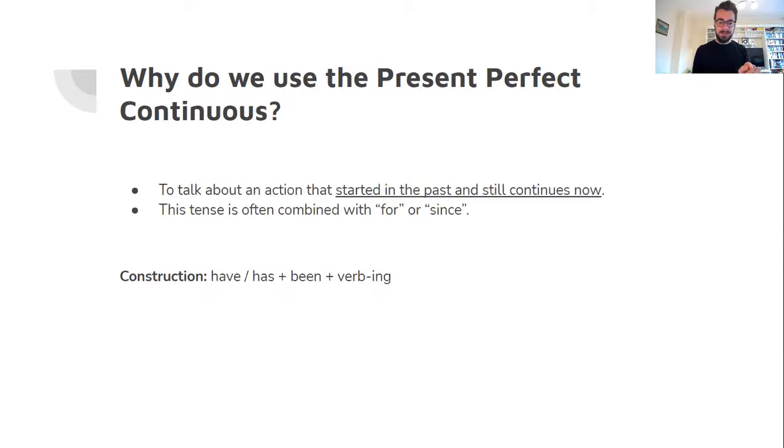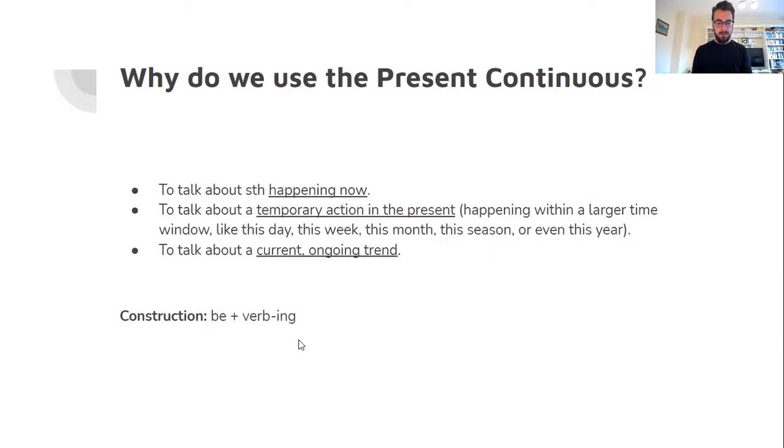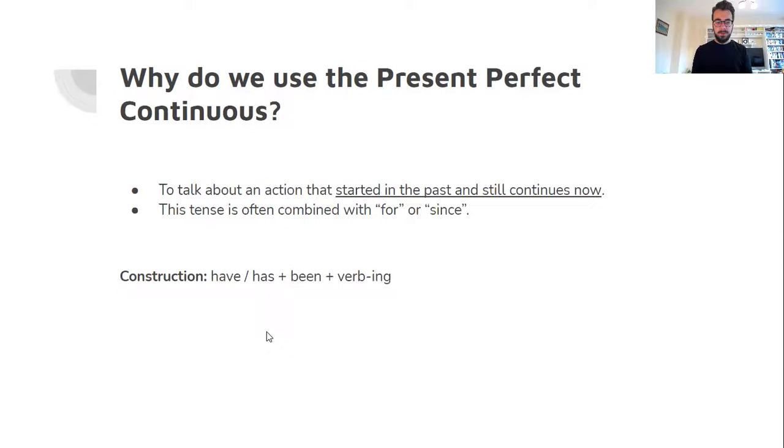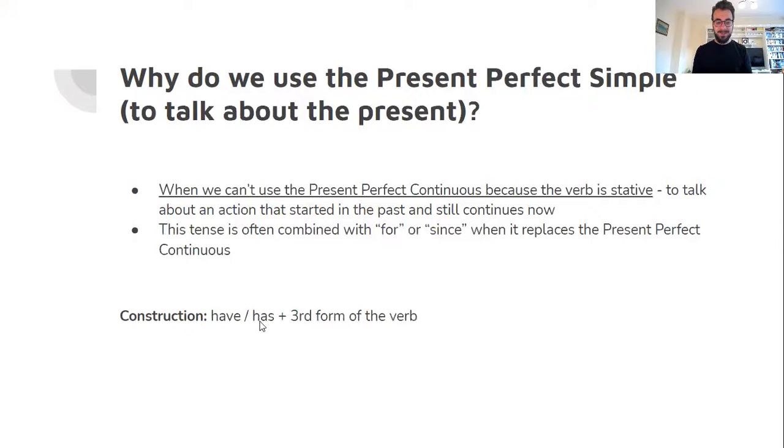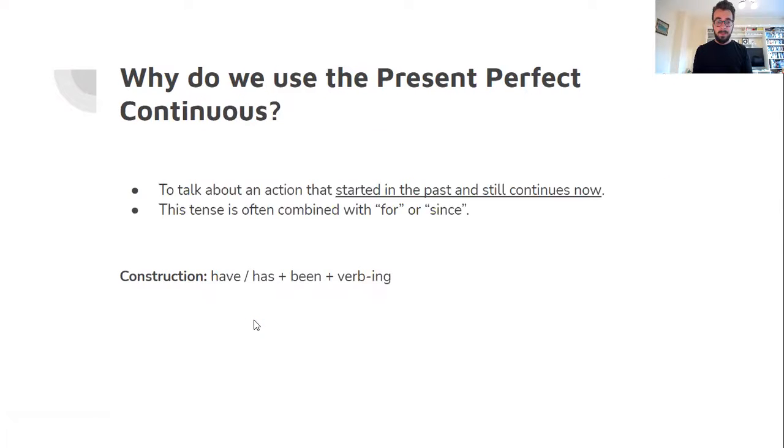And I will go back a couple of slides. Yeah, sorry. So have been or has been, that's the present perfect simple, not the continuous. Have or has been plus ing, that's the formula of the continuous tense. So I have been a teacher for 10 years.